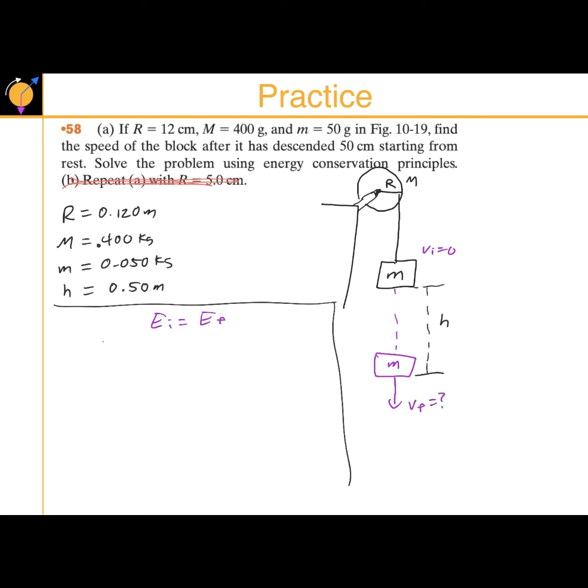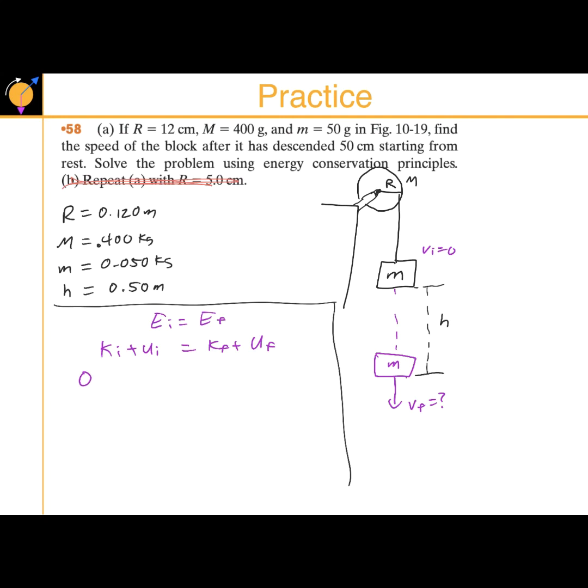So let's say it has some initial kinetic energy plus some initial potential energy is equal to its final kinetic energy plus final potential energy. So initially nothing is moving, so the kinetic energy is 0.